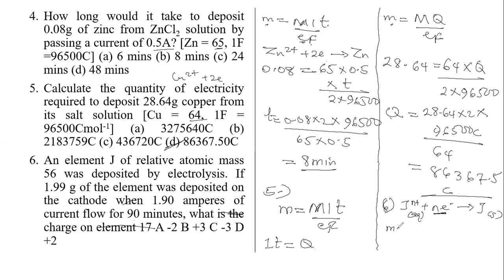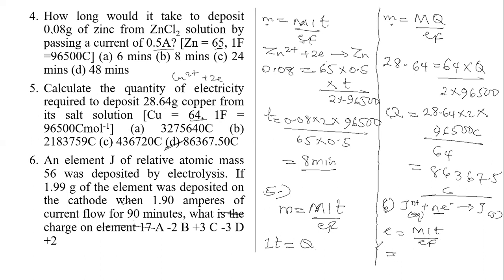So we have mass equals MIT over EF, right? So you're going to be making E the subject. So I can rewrite the formula as E equals MIT over mF.